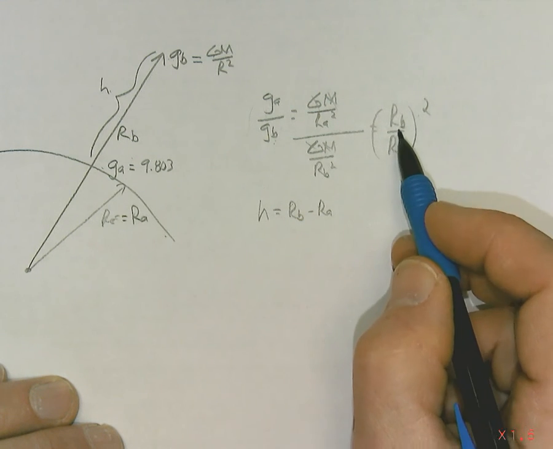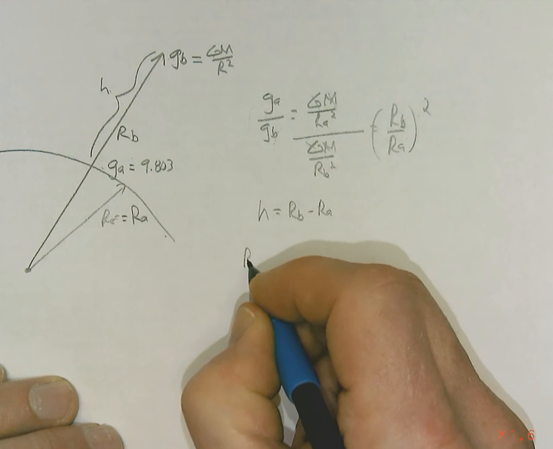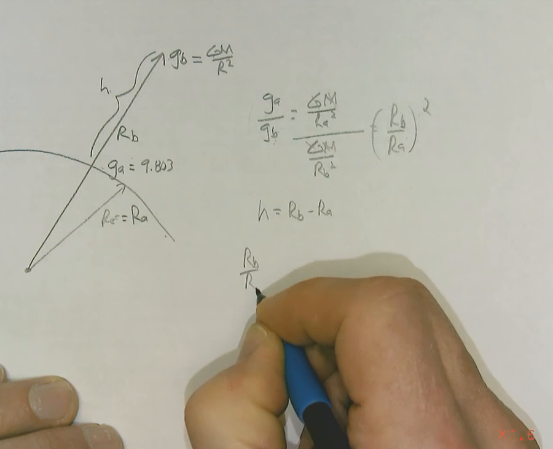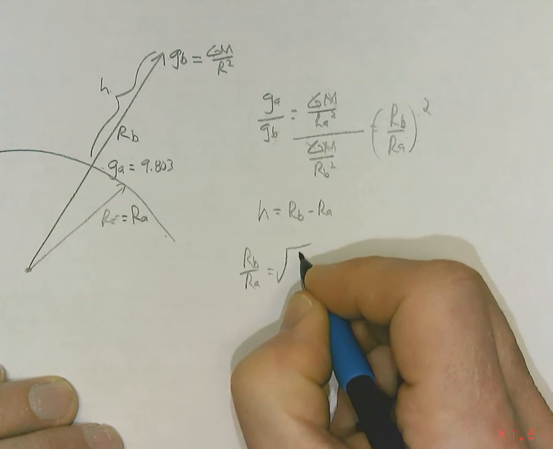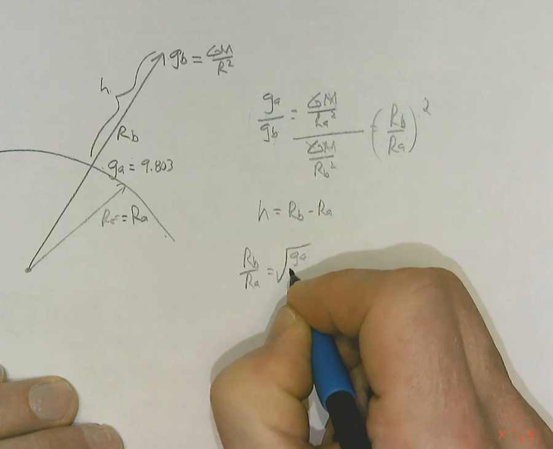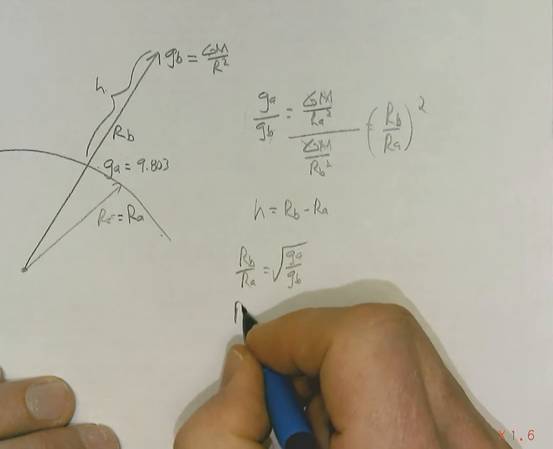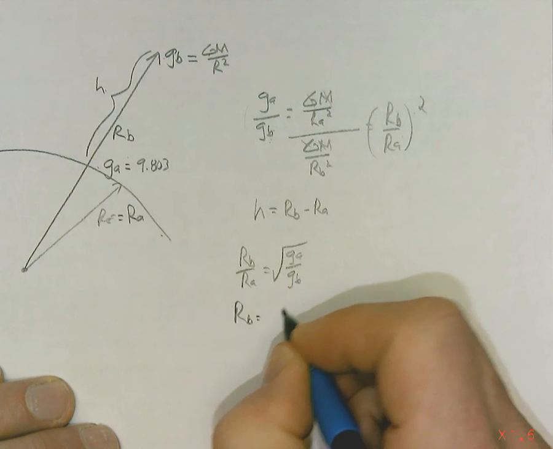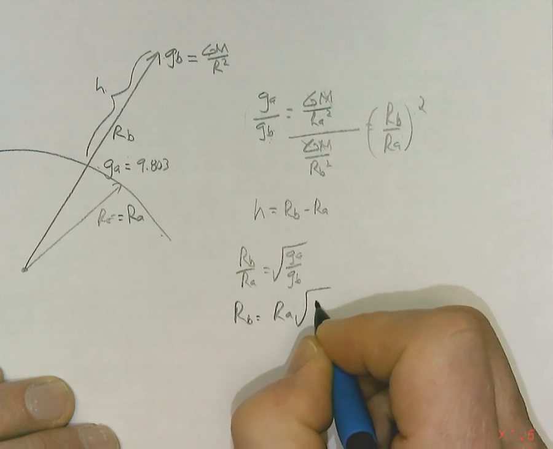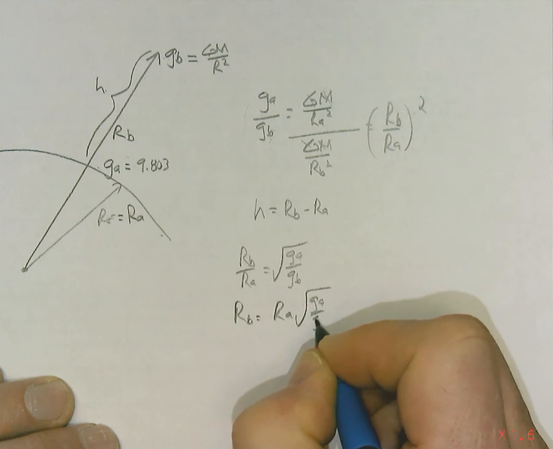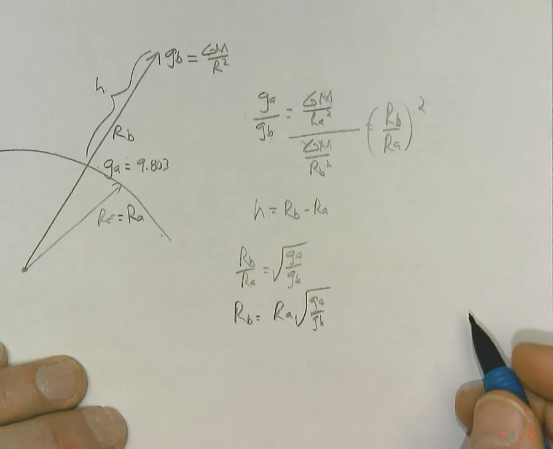So let's solve for R_B. If we square root both sides, we get R_B over R_A is equal to the square root of g_A over g_B. Again, you know these values. So R_B is equal to R_A times the square root of g_A over g_B. There we go. That's what R_B is.